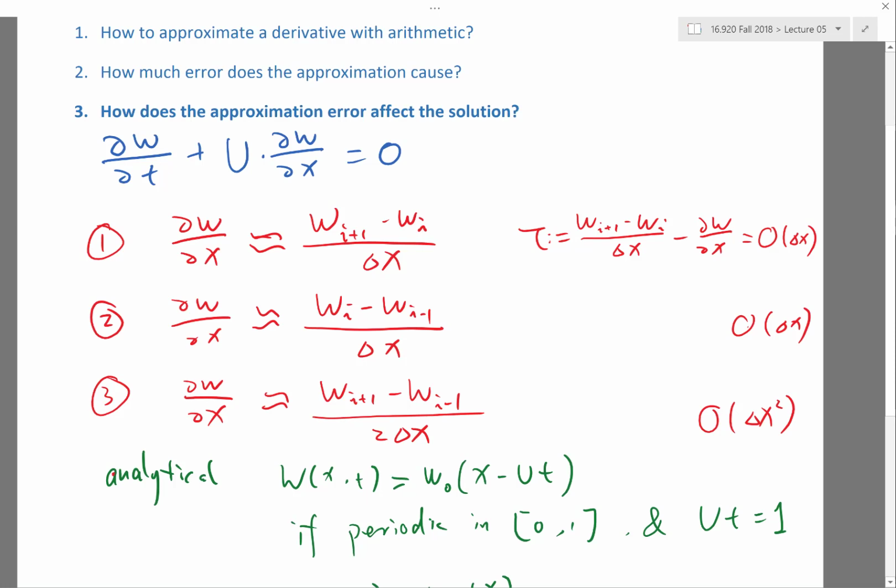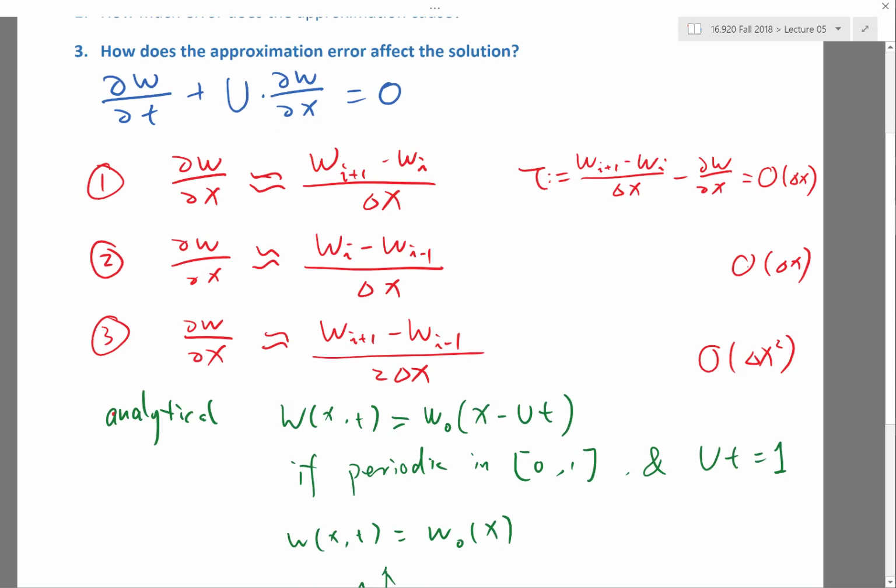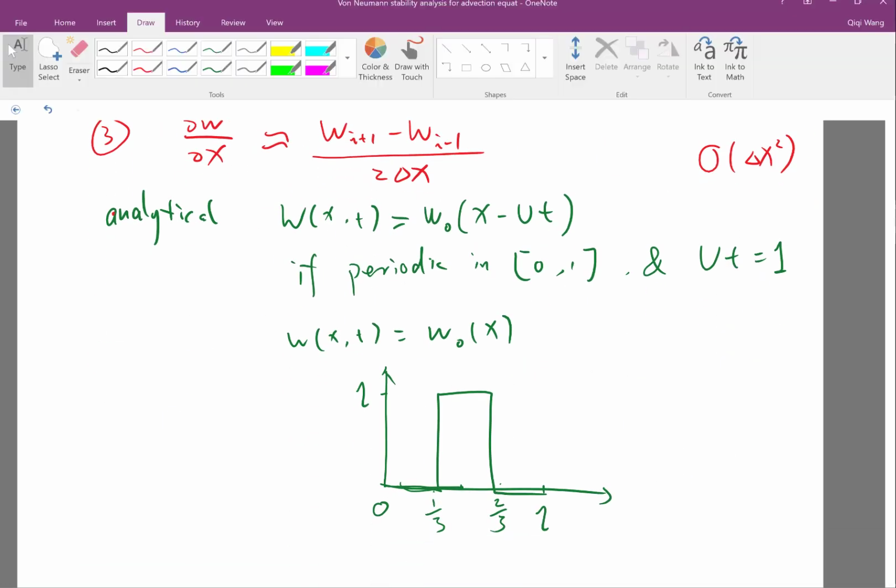Yes? Studying how the approximation error evolves with time. Yeah, studying how the approximation error evolves, and that's the error equation.